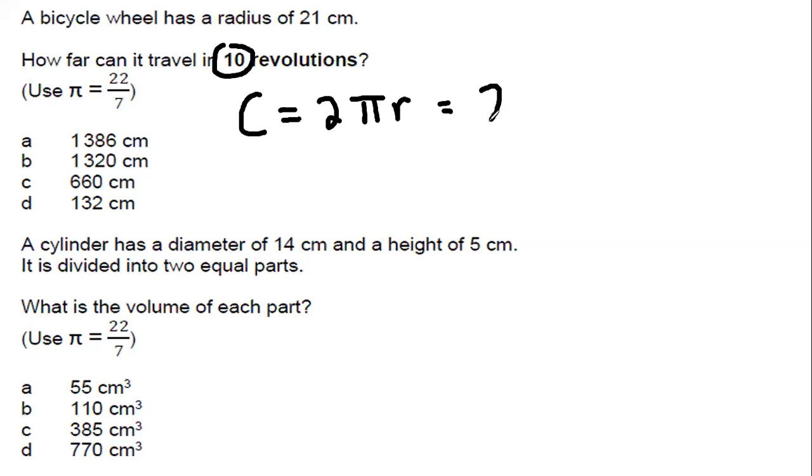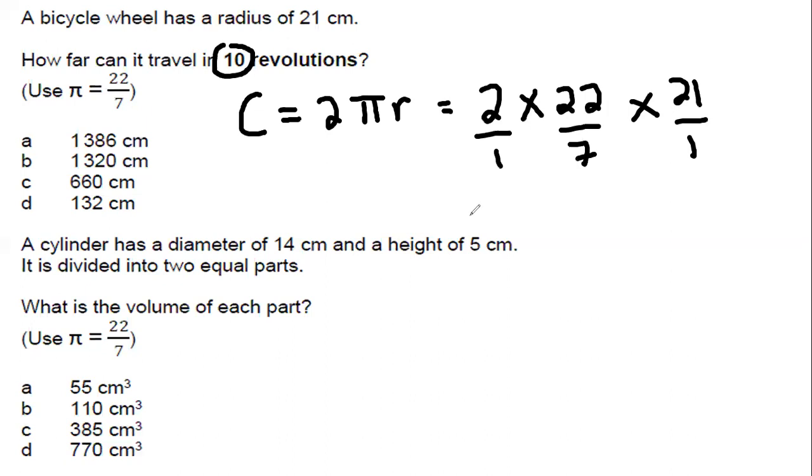So it's going to be 2 multiplied by pi. Pi is 22 over 7 times the radius, which is 21 over 1. Well, obviously the 7s cancel out. 7 to 7 goes 1. 7 into 21 goes 3. All right.